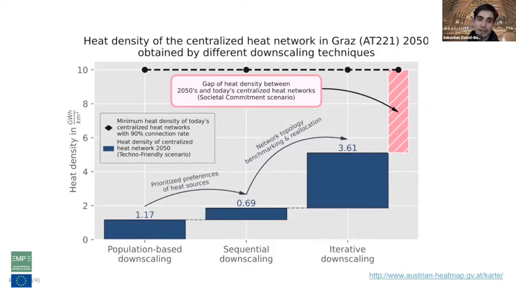Of course, as I said, this is driven or mainly achieved by the reduction of heat density on the one hand, but also that we have to bring the centralized heat network to regions that have lower heat densities than today. And this is indicated here by the pink bar, the gap between the heat density of today's centralized heat networks and the projections in the future of representative centralized heat network in Austria.